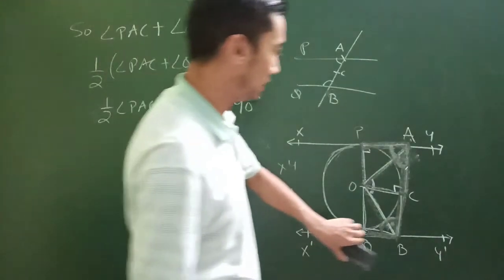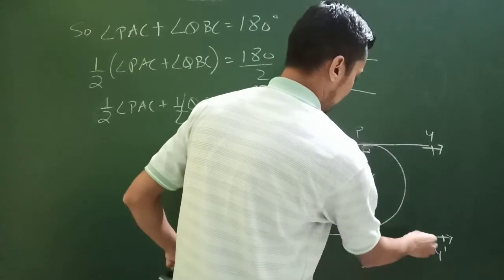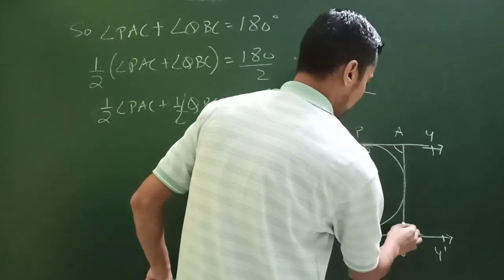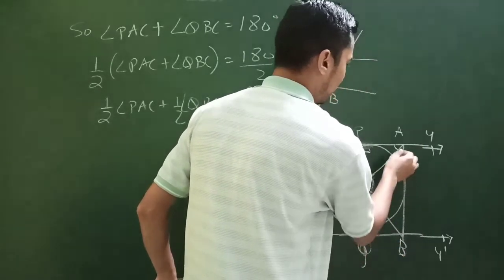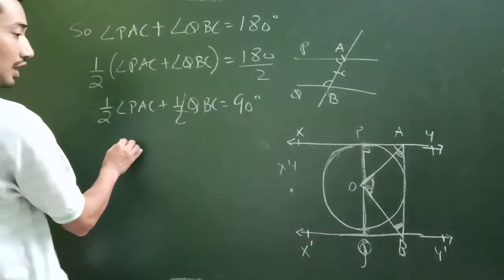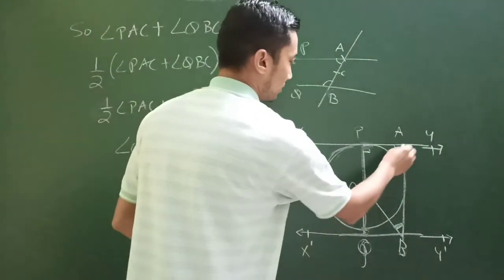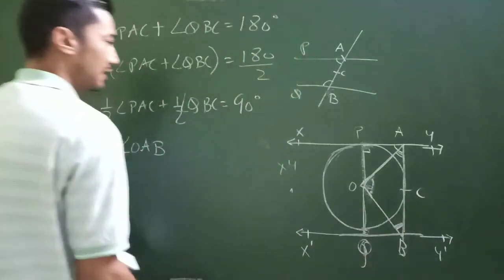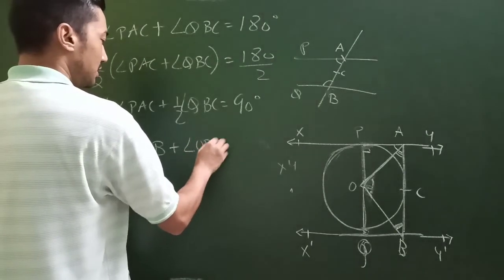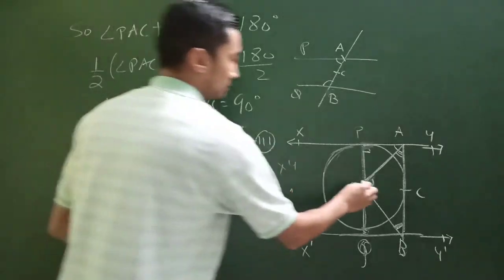I remember which angle we wanted: these two interior angles. We already proved half, so half of angle PAC will be equal to angle OAB, and angle OBC, and the sum will be 90 degrees. Let's mark that as equation 3.